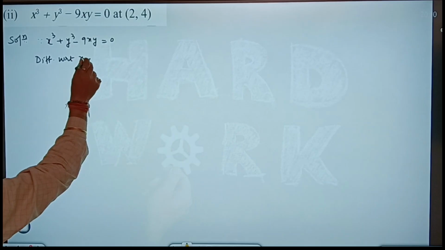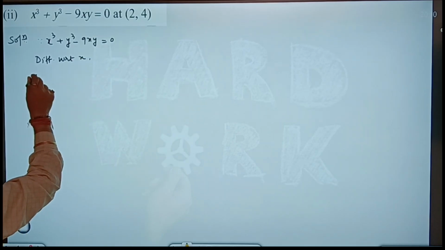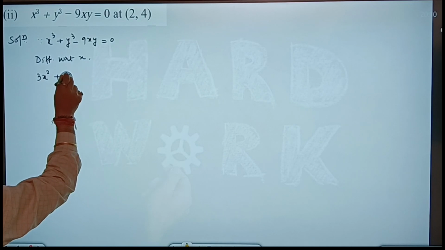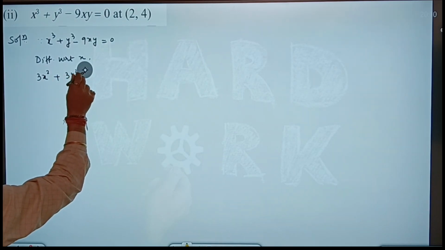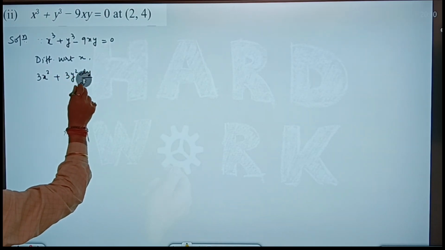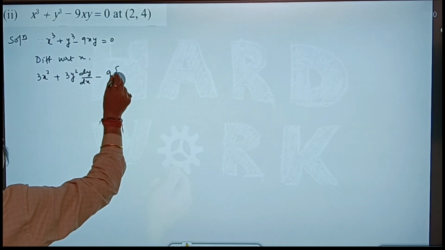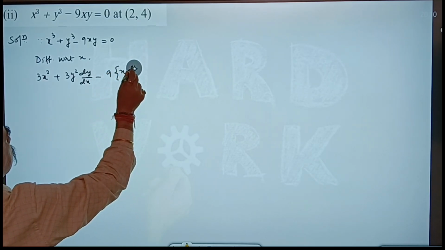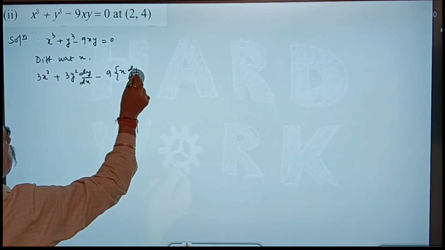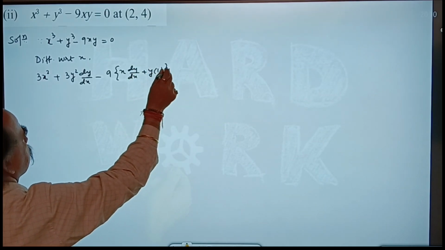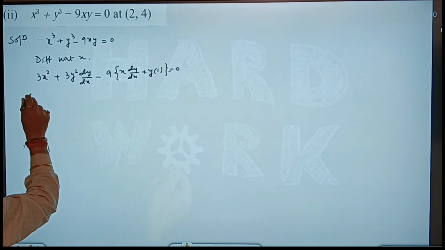Differentiating with respect to x, we get 3x square plus 3y square dy by dx minus 9 into x dy by dx plus y, derivative of x is 1, is equal to 0.